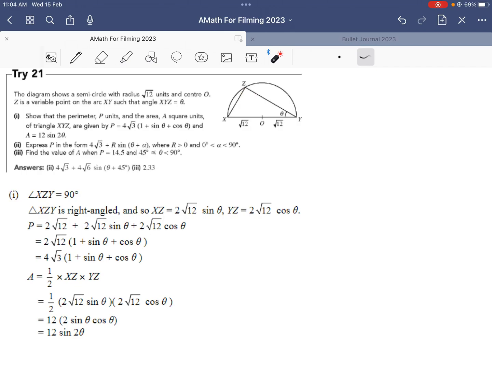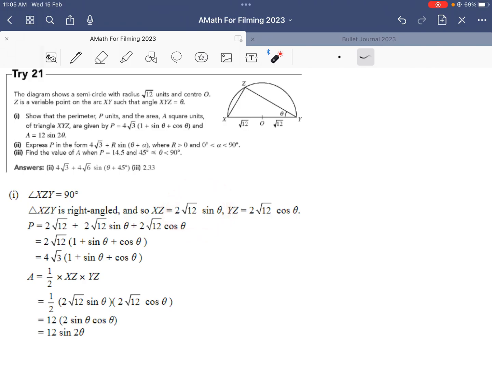So if I know that XYZ is a right angle triangle, so what I can say is that XZ is equals to, since XZY is right angle, so xy is actually equals to 2 root 12, okay, and yz itself, right, is 2 root 12 cosine theta.